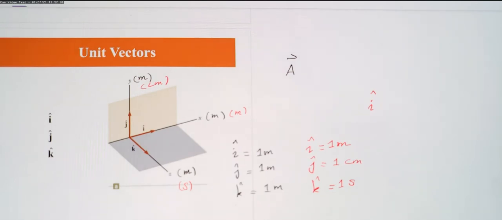Suppose that in our graph we have meter versus second versus centimeter. Then the unit vector will be 1 centimeter or 1 second. It's just to illustrate them, so you can know what a unit vector is.